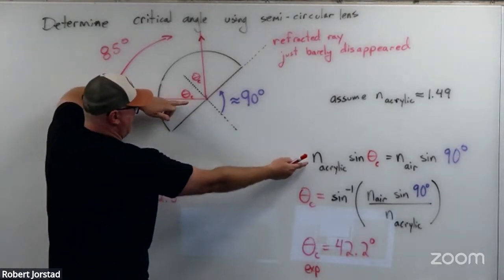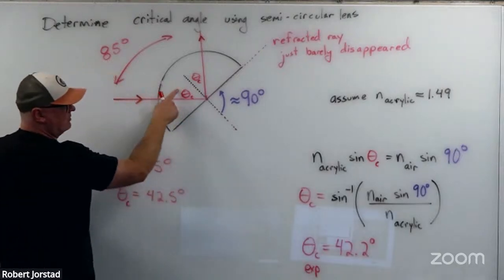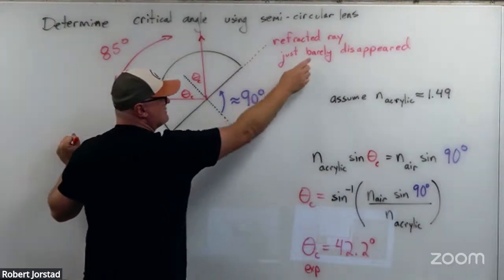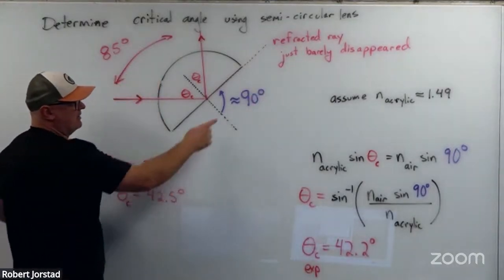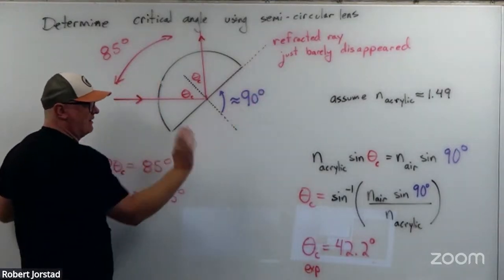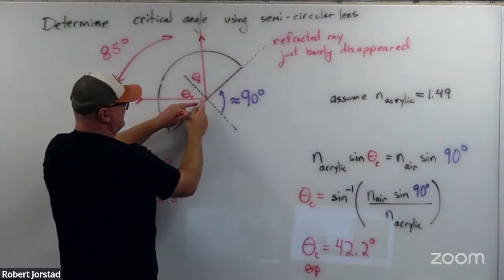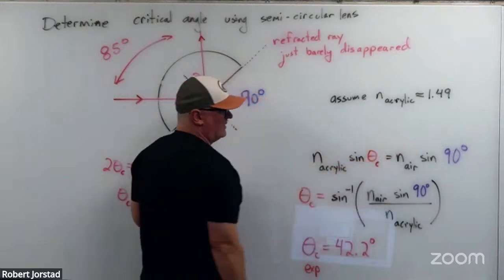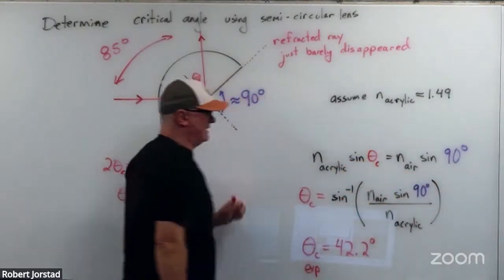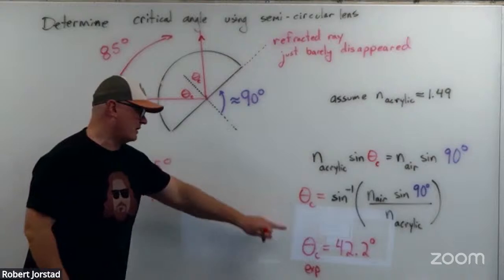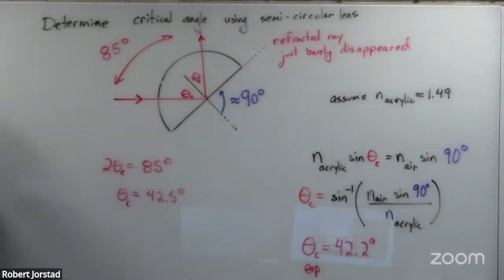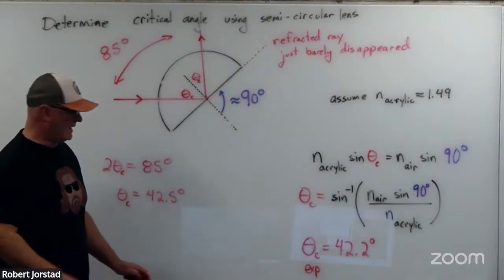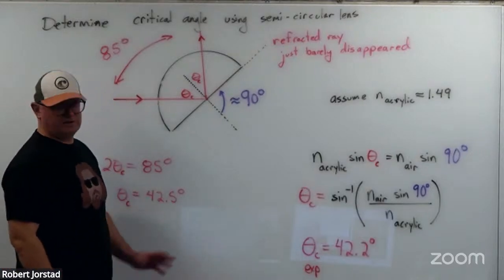So I would say n1 sine theta 1, which happens to be the critical angle. The refracted ray is just barely disappeared, so this is about 90 degrees. And so the second index of material is air, and then the second angle is 90. You rearrange that and solve for the critical angle, and we get an answer that's in pretty good agreement, right? You could do a percent difference on this, but I just wanted to point that out. I think that's all you need to know for that one.